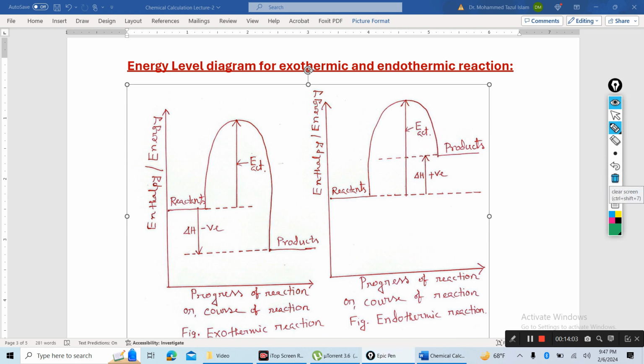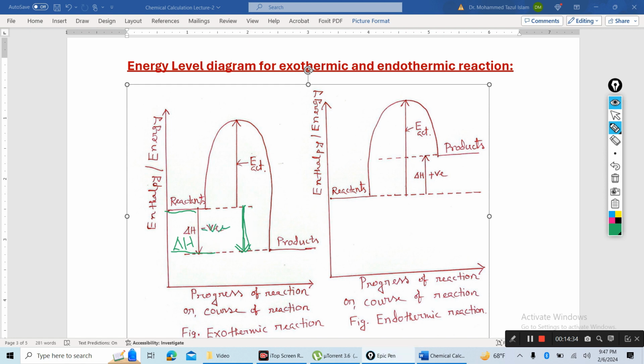Now what is enthalpy of the reaction? Del H. Del H means enthalpy of the reaction. This is reactant, this is product. The energy difference between reactant and product is known as enthalpy of the reaction, and this will be a downward arrow and delta H value will be negative.